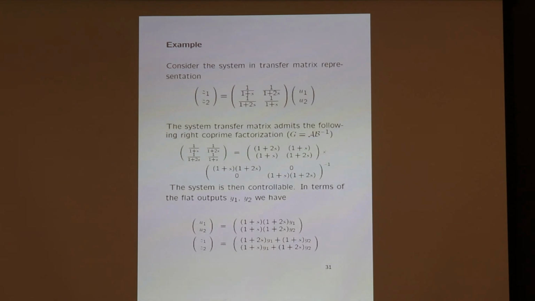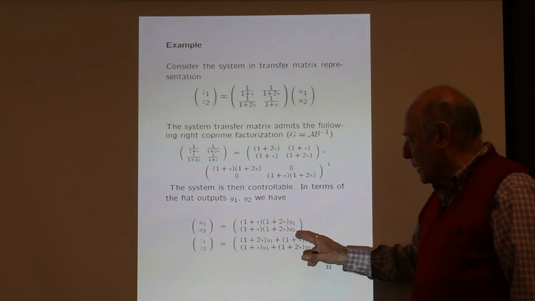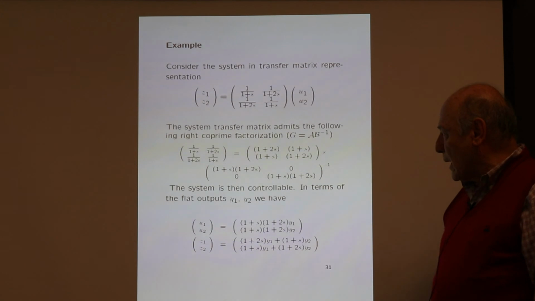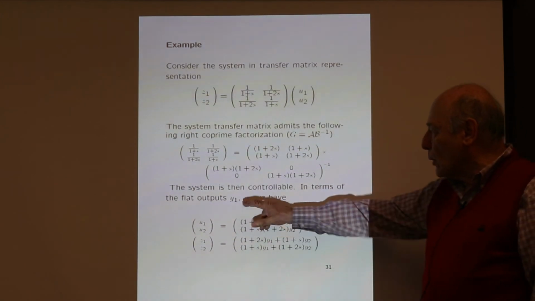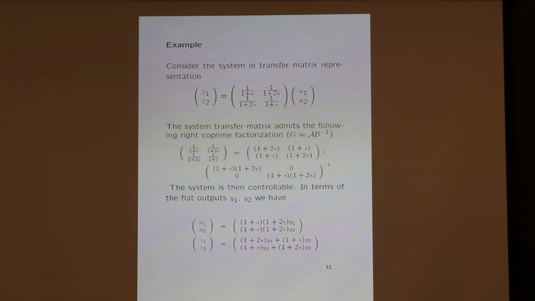But if the system is controllable, then it's flat, and you will have a differential parameterization of the inputs and the outputs in terms of those flat outputs. And y1, y2 will be the flat outputs in that case. Very simple generalization of the input-output case.